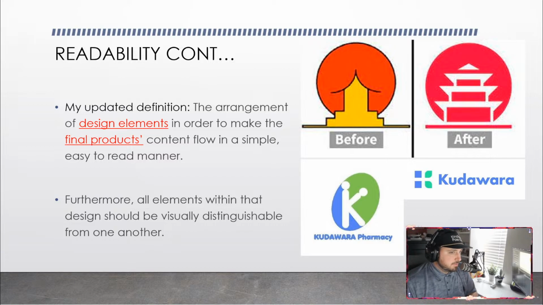If I were going to change it to what I think we necessarily need to hit on, it is the arrangement of design elements in order to make the final product's content, whether it's a character, logo, user interface, any of those things, flow in a simple and easy to read manner. So all elements in that design should be visually distinguishable from one another.